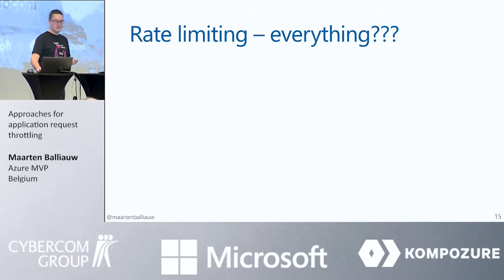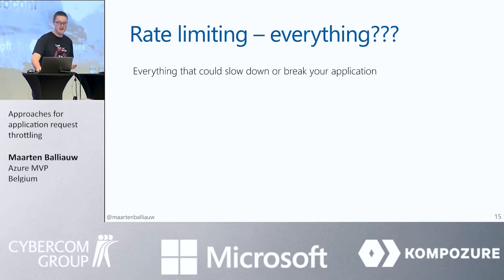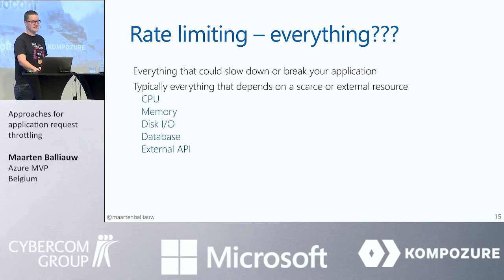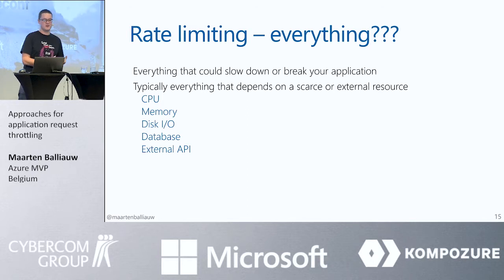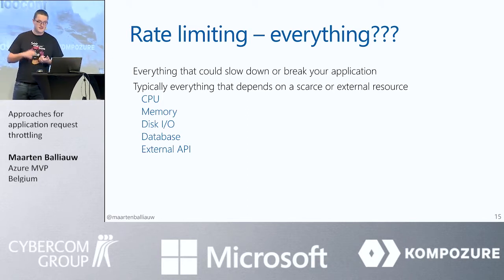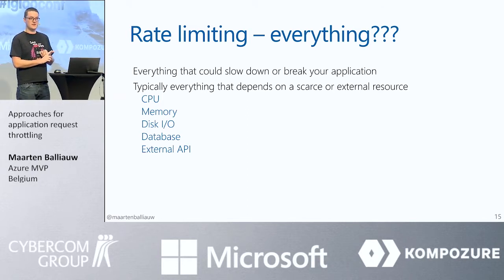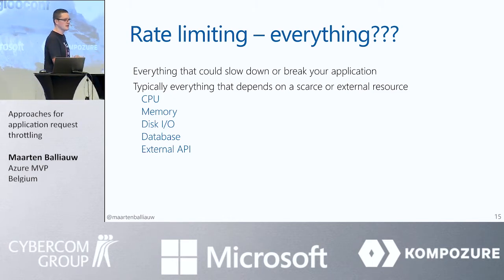Why everything? Well, because you want to rate limit everything that could slow down or break your application. And typically that means everything that you depend on and that is scarce in terms of resources, which means your CPU is a scarce resource. It's not infinite. There's a finite amount of CPU cycles that you can use.